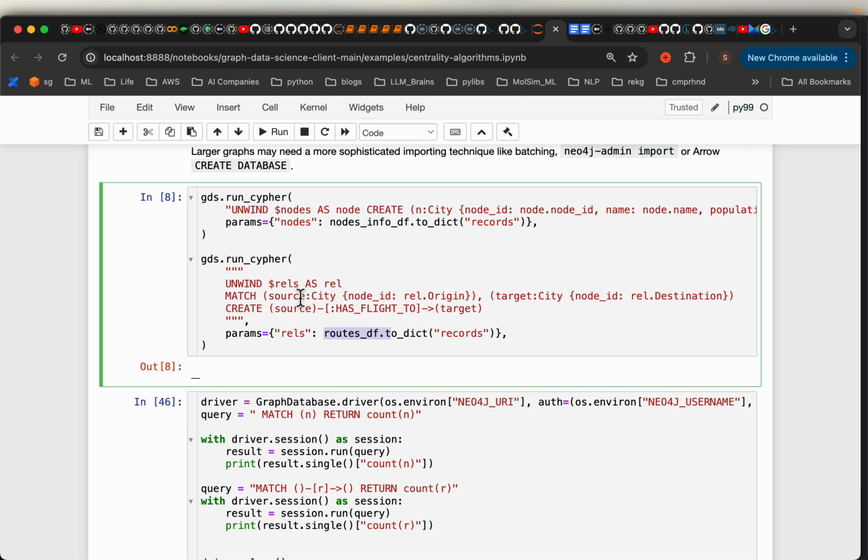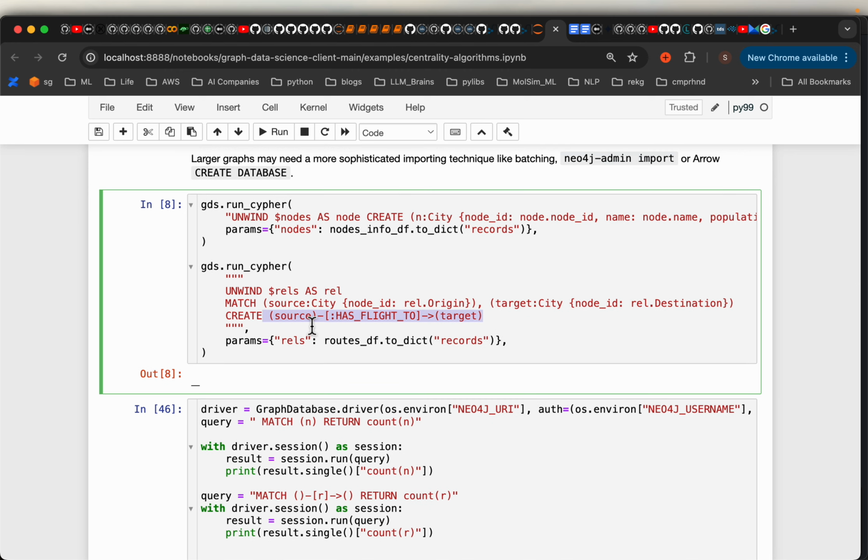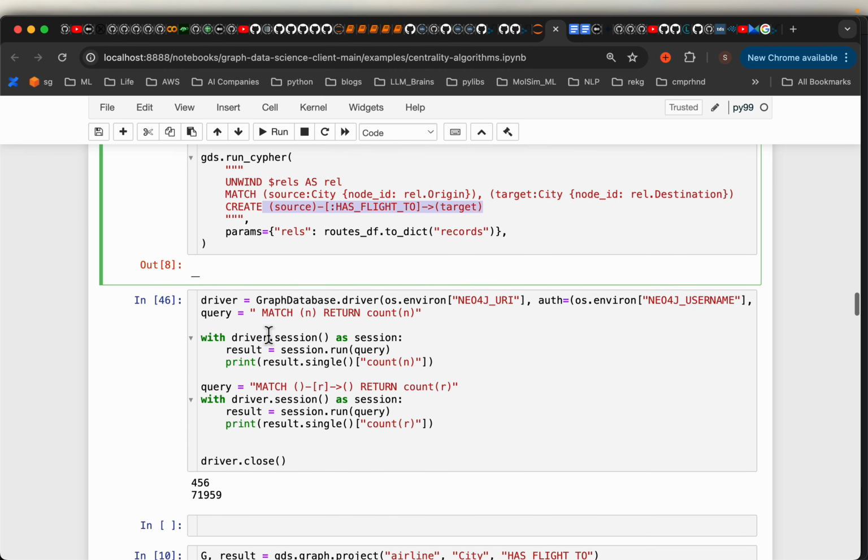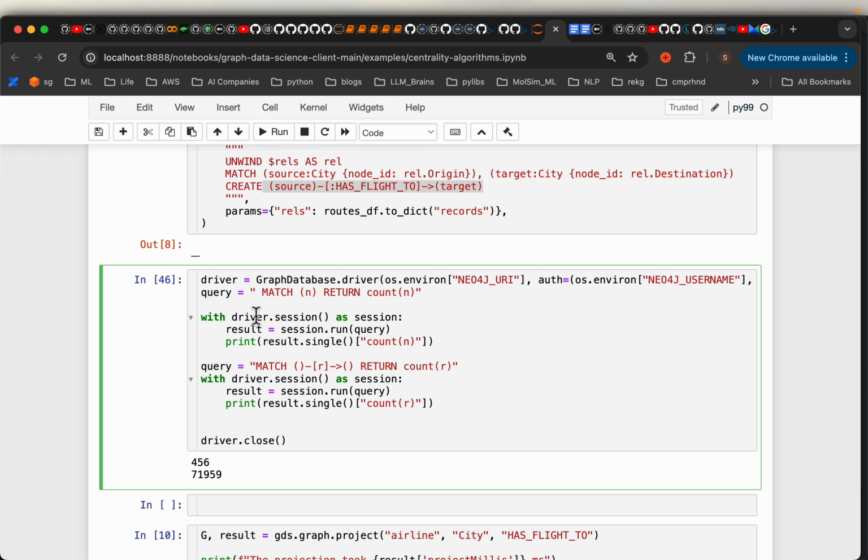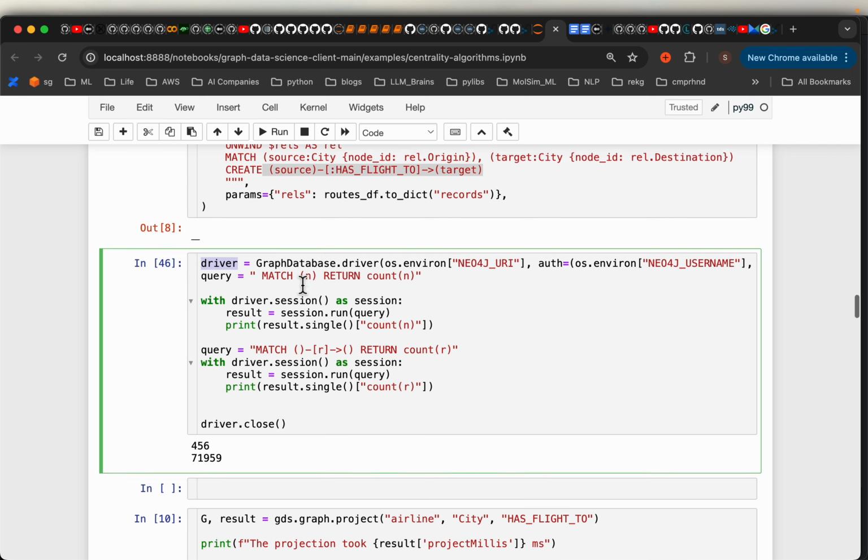So again, read this data. So here we are mapping the source node, the target node, and the relationship is HAS_FLIGHT_TO. Okay. So we run this query. This will take some time. And here we are verifying that we have loaded the data correctly. Okay. So this time we are using the graph database driver.